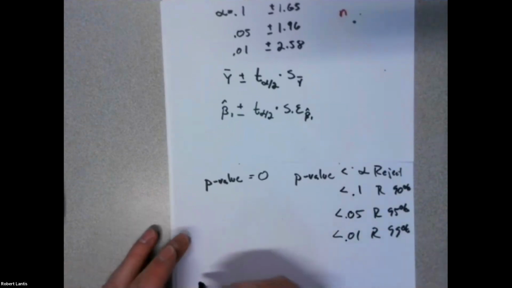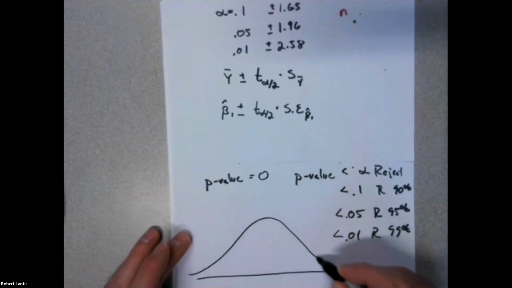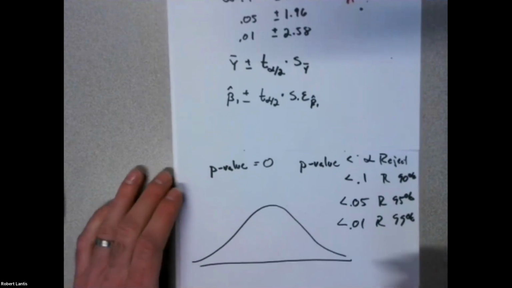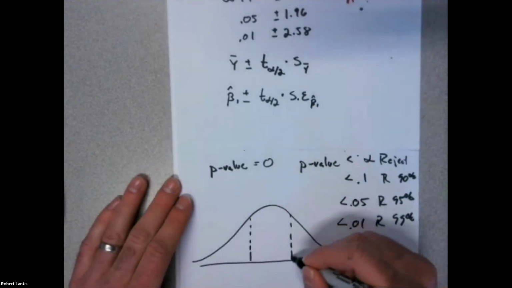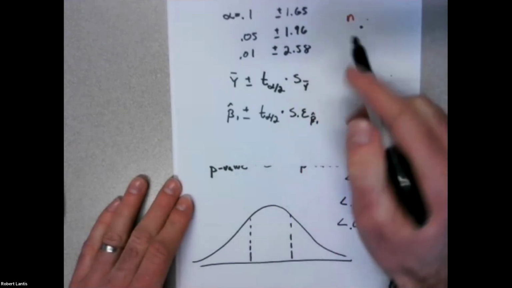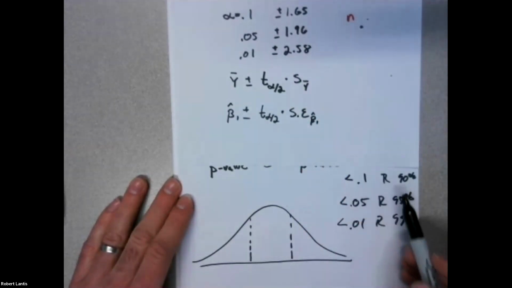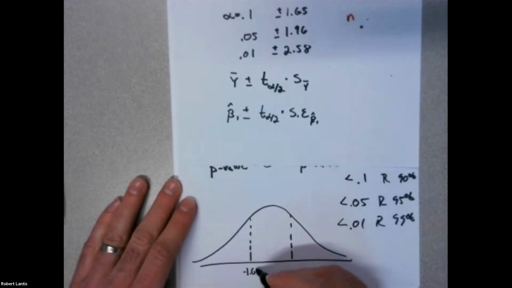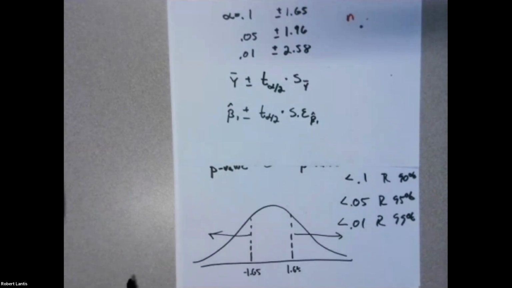Now, if I wanted to, I could also set this up and say, well, if I use those standard normal approximate values, what would my critical values be? Well, starting out, at that alpha of 0.1 or the 90% confidence level, this would be negative and positive 1.65. So my rejection region would be anything to the right or left of those values.